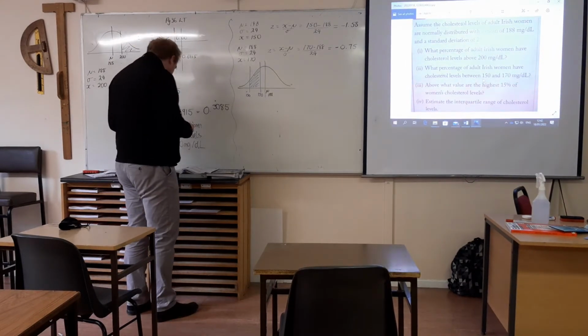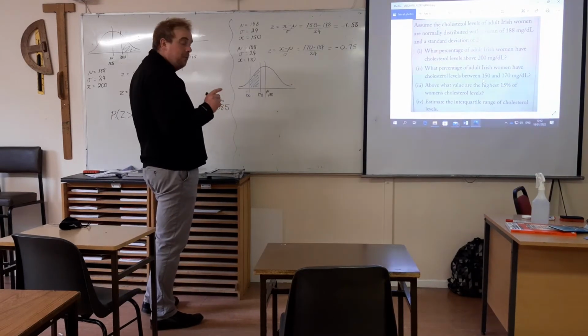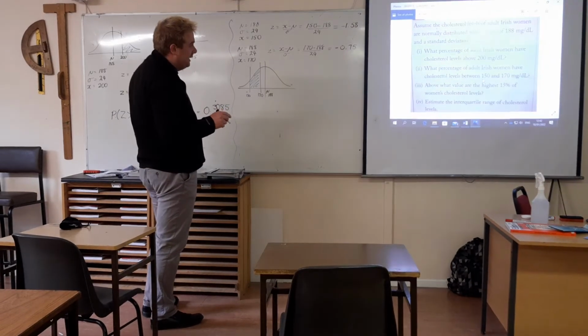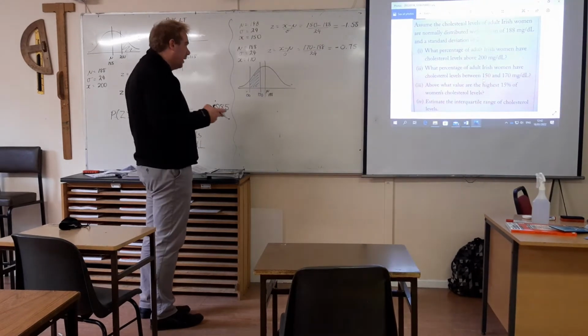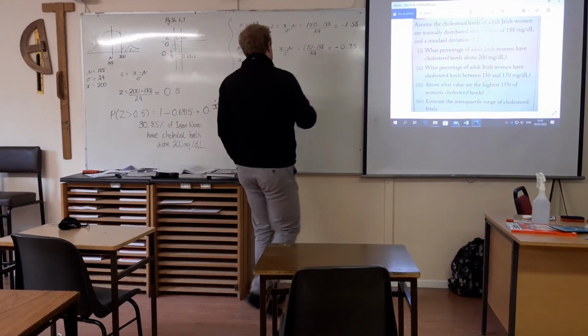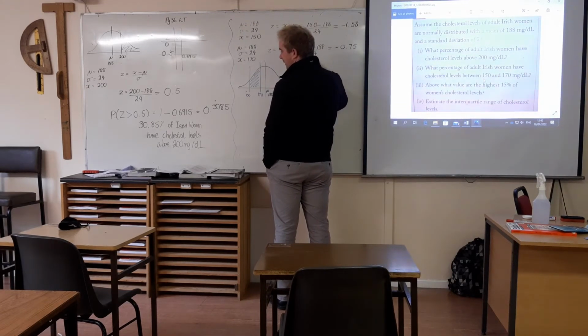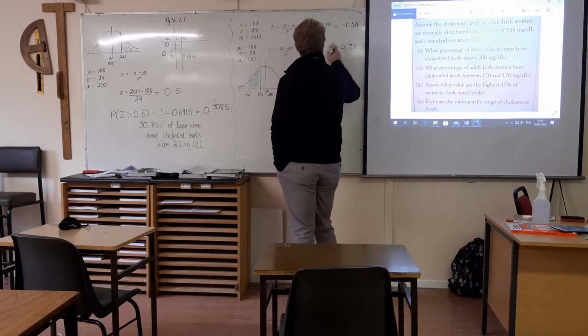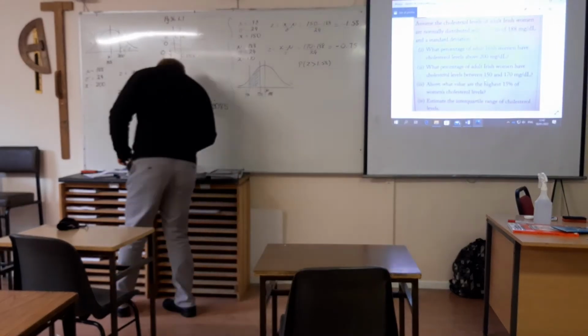So again, we're going to go to the z-tables, and we're going to read 1.58 and 0.75. We can't read negative numbers on the z-tables, so we're reading their positive version. So the probability of z being greater than 1.58 from the z-tables is what we're looking at.